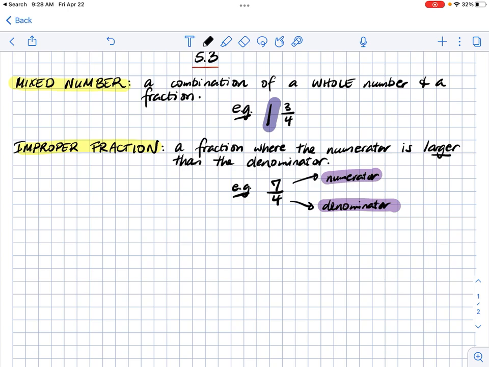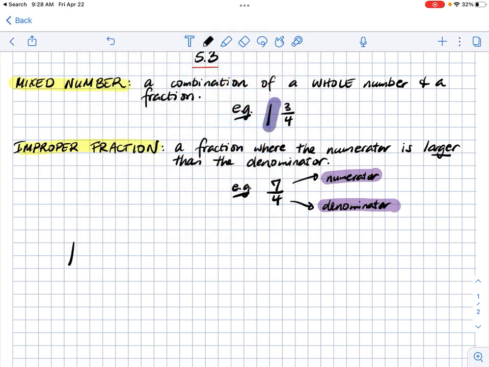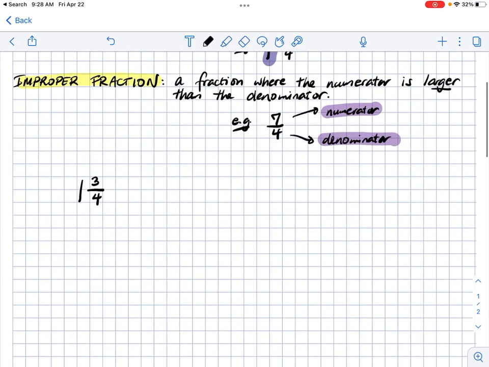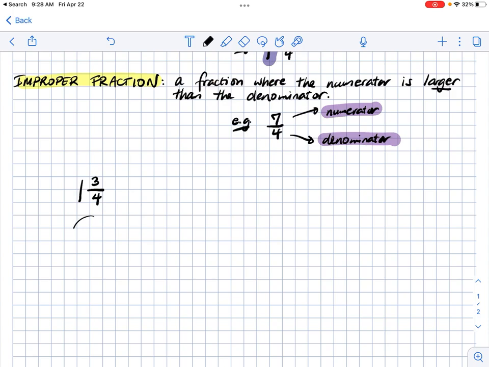So if you took 1 3/4 and you were to draw a picture representing that, 1.